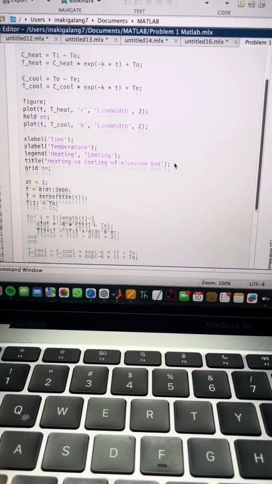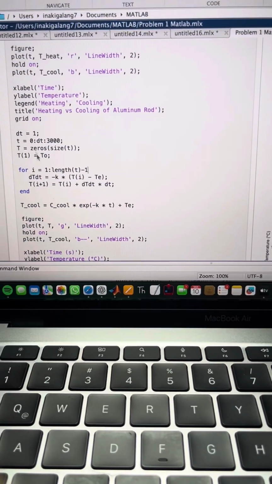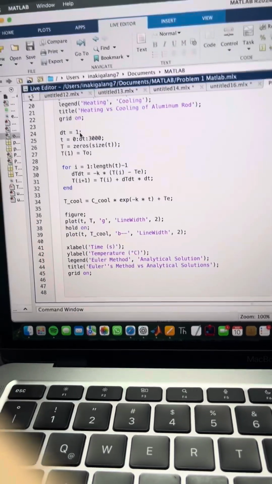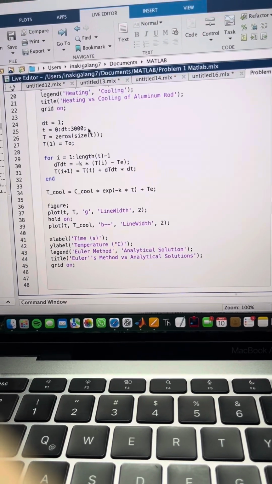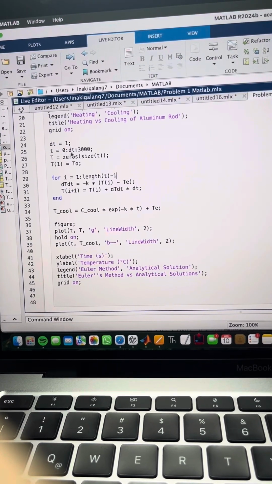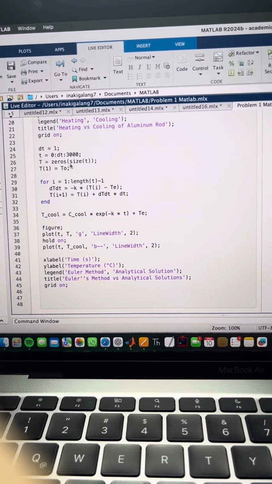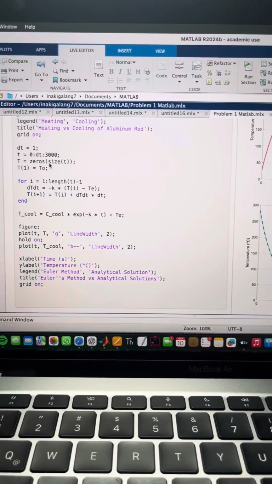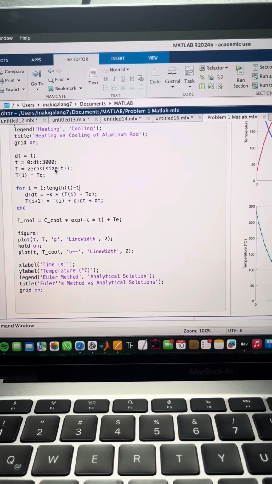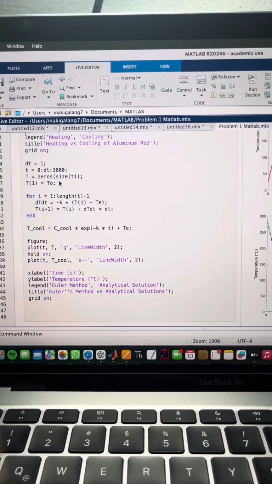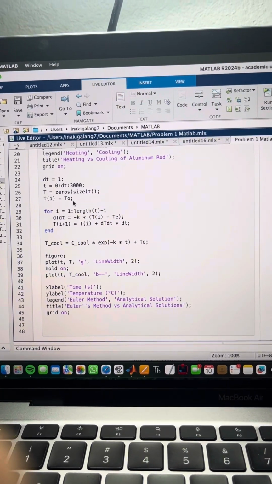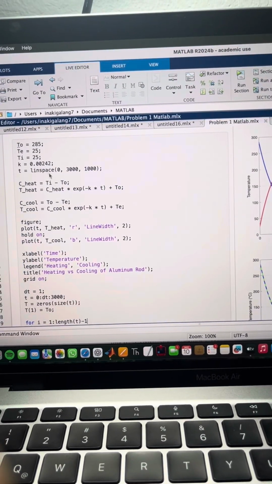Then this is the 1.5 code, this other part. This is the time step. This is to make sure that the T value and the T cool are the same size. This is to initialize the temperature vector with zeros. And this is the initial temperature of the aluminum rod, which is equal to 285.